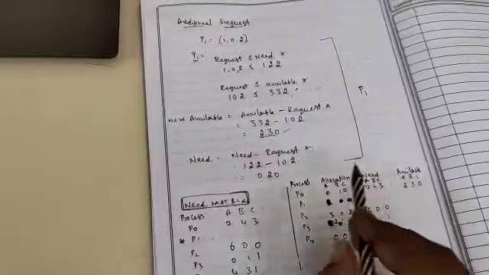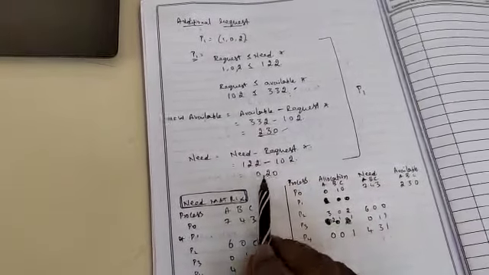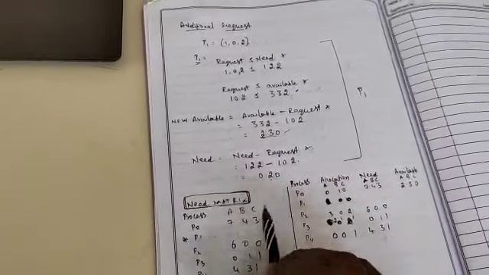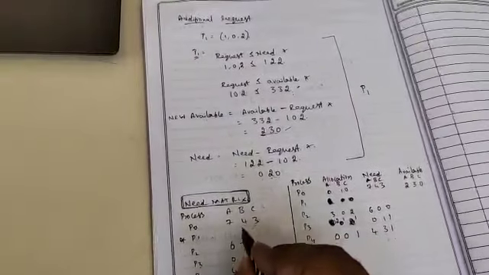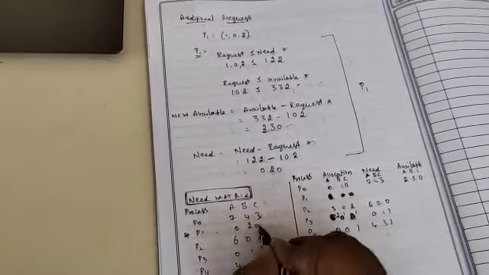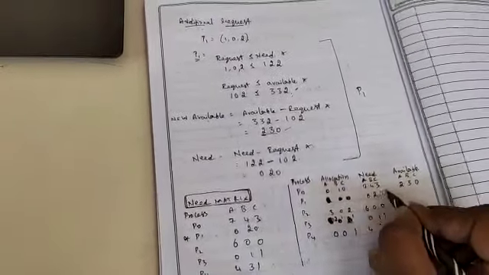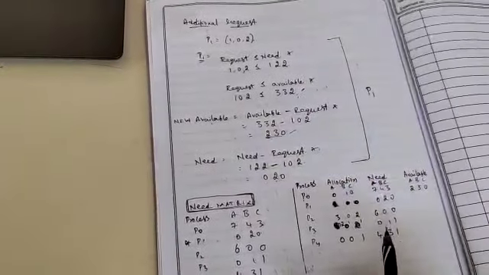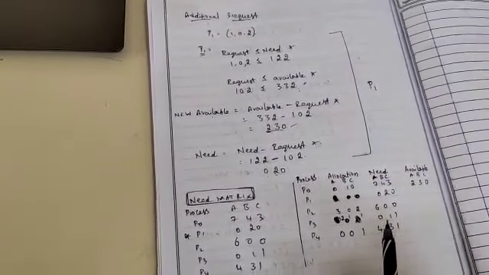The need of the P1 request is 020. And what is the allocation?